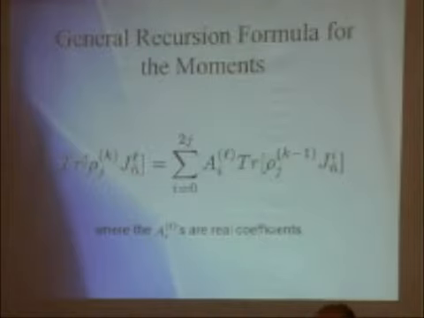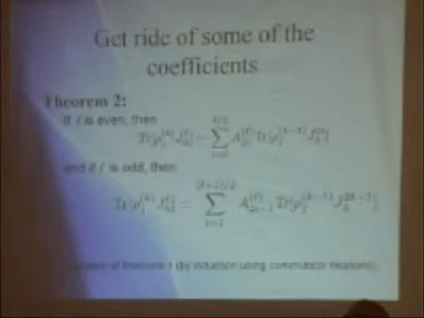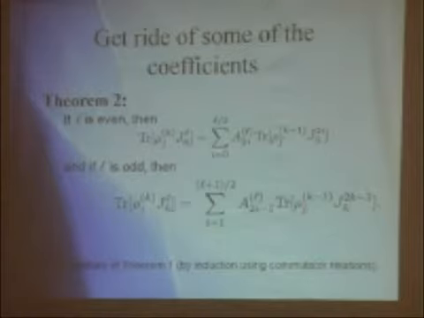Now, one point is that theorem one, the first theorem that I proved in the first part of the talk, nearly automatically implies that many of those coefficients are going to vanish. Suppose that you take L as even.